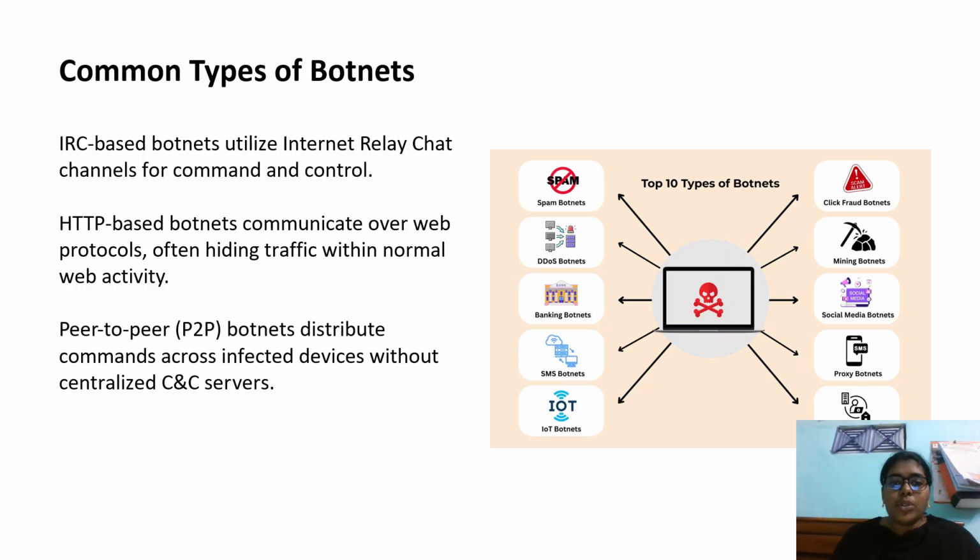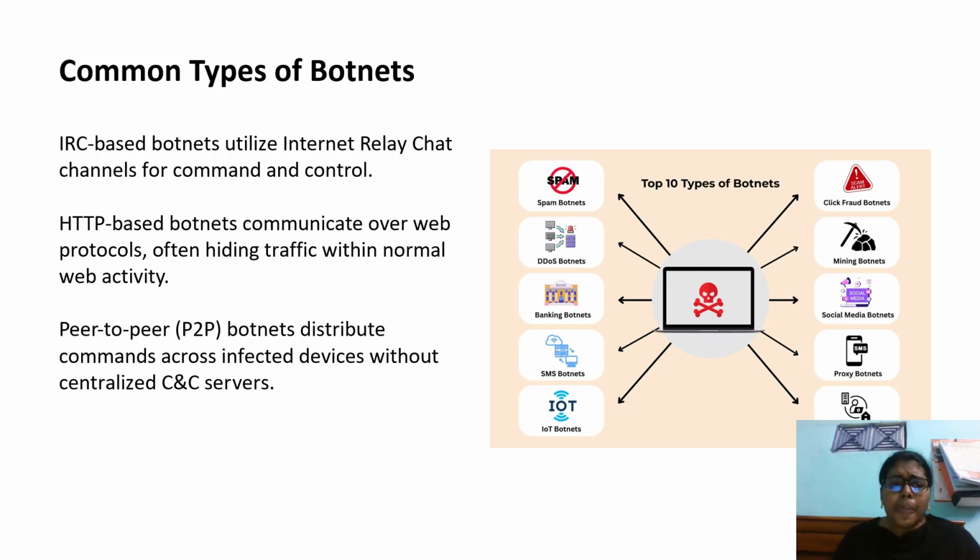Common types of botnets: IRC-based botnets utilize Internet Relay Chat channels for command and control. HTTP-based botnets communicate over web protocols, often hiding the traffic within normal web activity. Peer-to-peer botnets distribute the commands across the infected devices without centralized C&C servers.